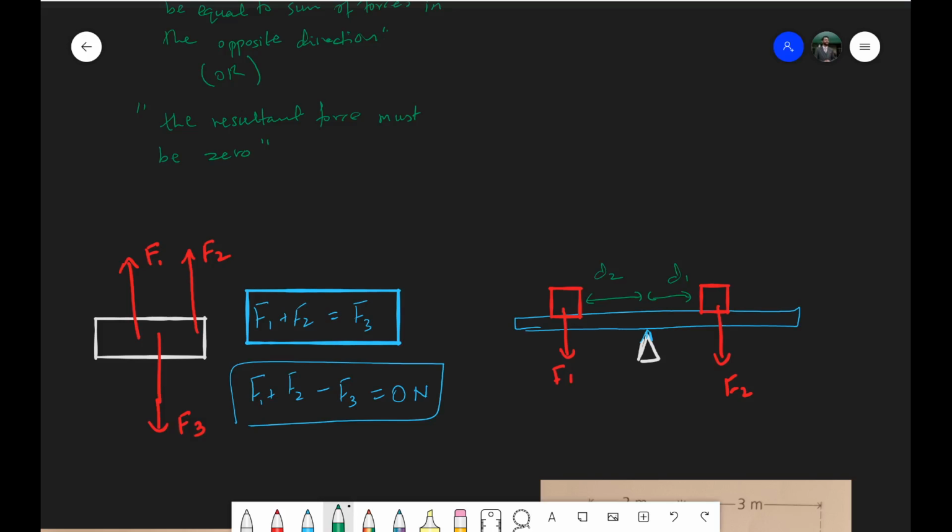Then what we are saying is that the moments produced by each of these forces, the clockwise and the anti-clockwise moments, must be equal to each other.